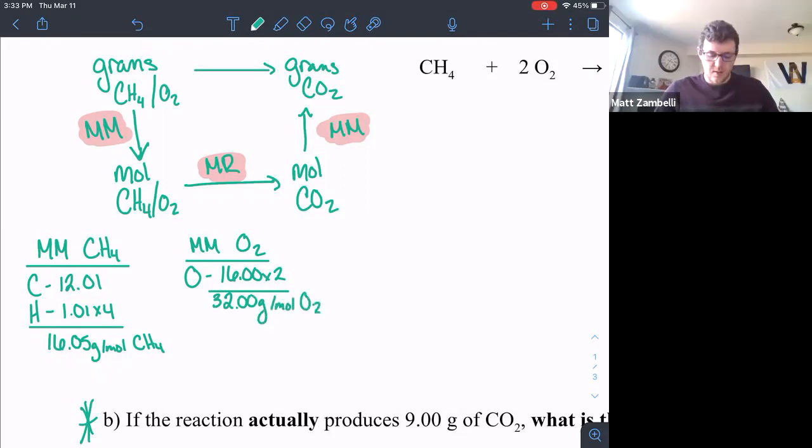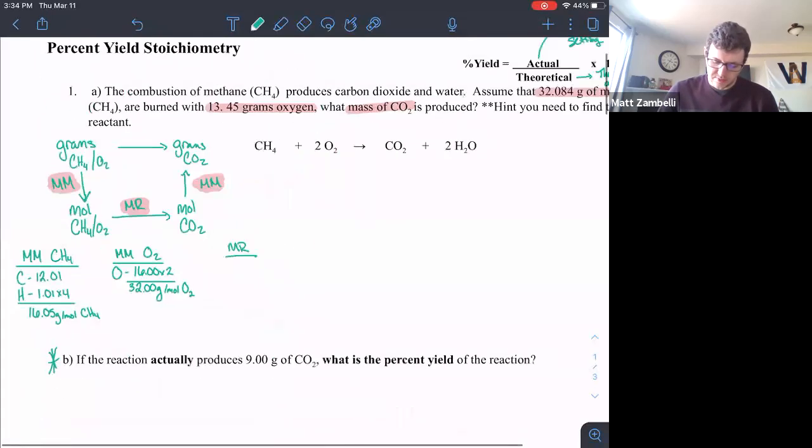All right. What other conversion factors do we need for this problem? We need the mole ratio. Okay, so what mole ratios do we need? Who could tell me a mole ratio that we need?